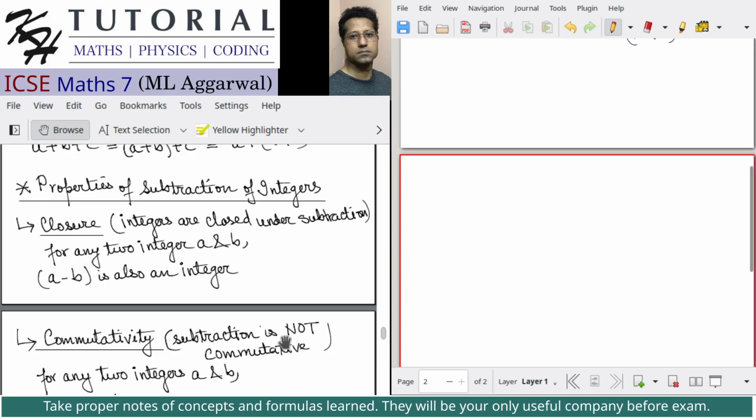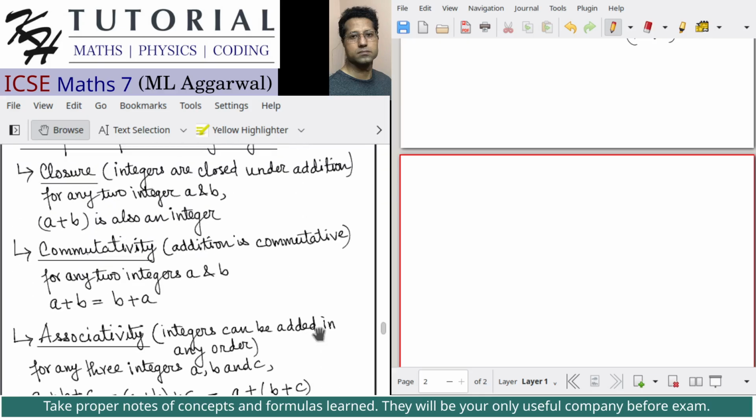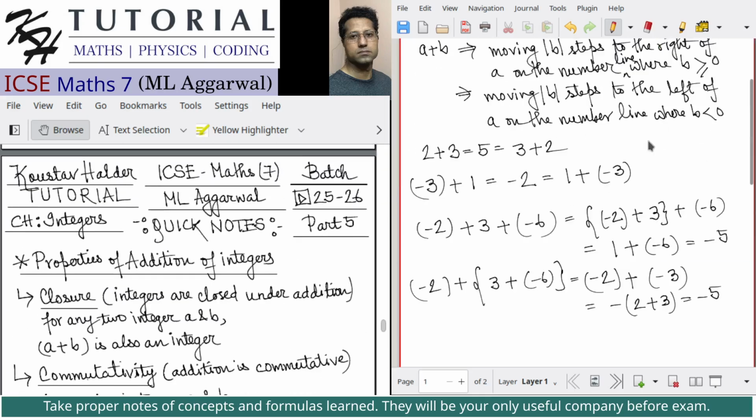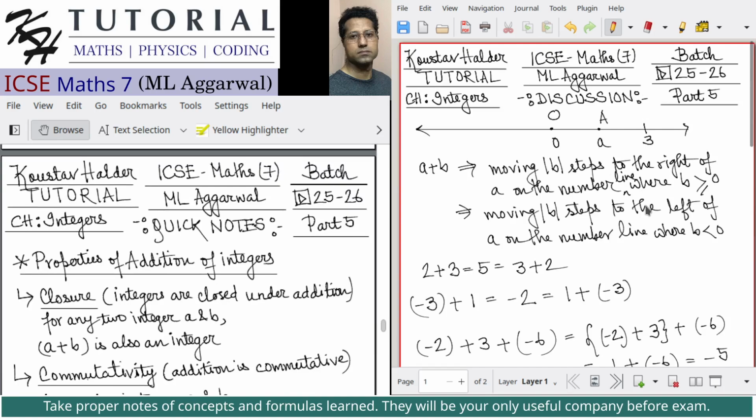Now for the justification, you can consider the same justification as I did for a plus b regarding the number line.